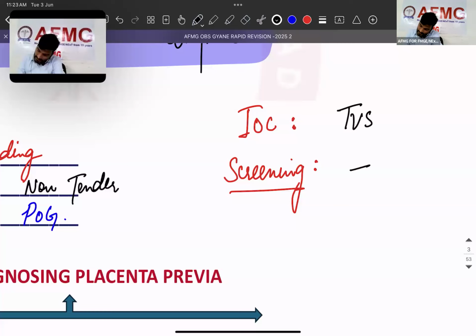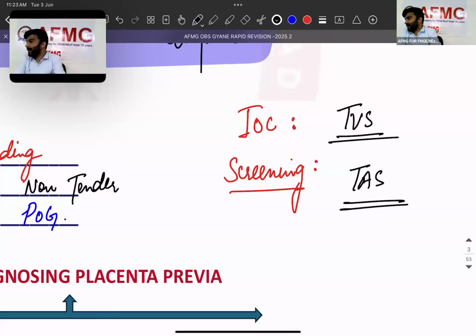For screening, trans-abdominal scan. Okay? Trans-vaginal scan is the investigation of choice. But for screening, trans-abdominal scan. But what do we usually perform? A non-invasive procedure. What is that? Trans-abdominal scan.